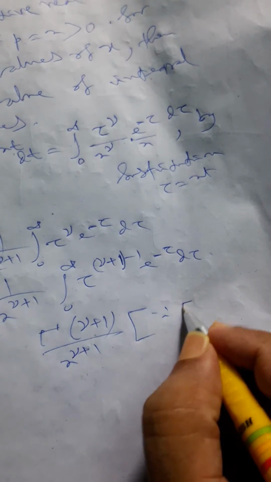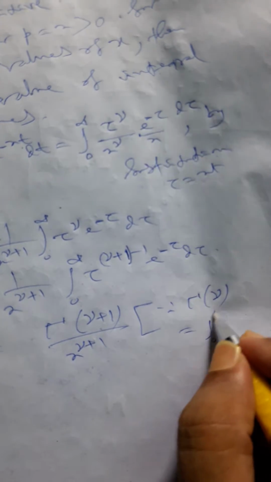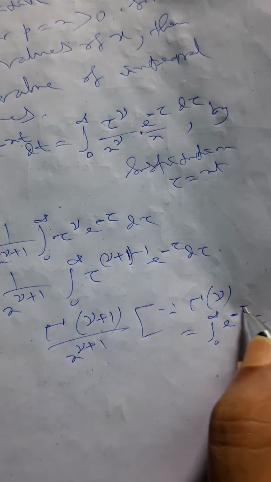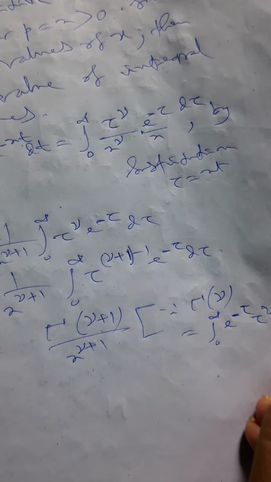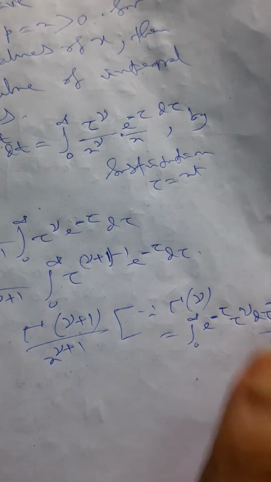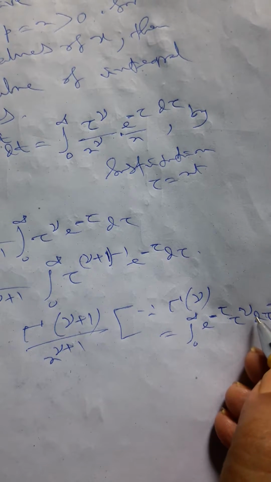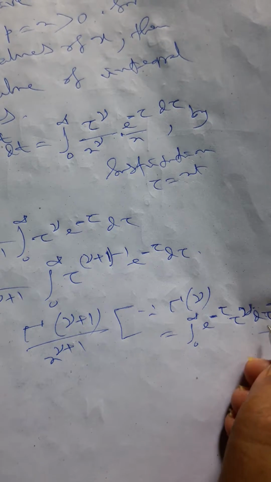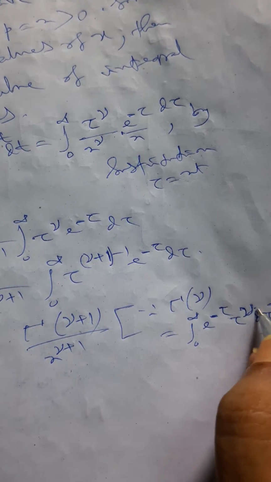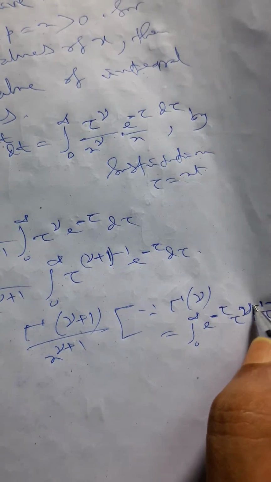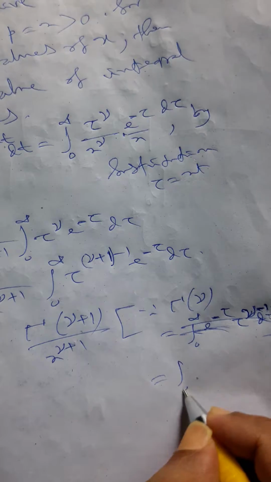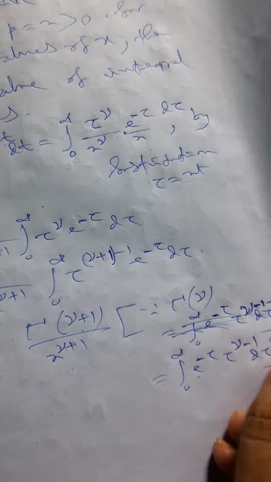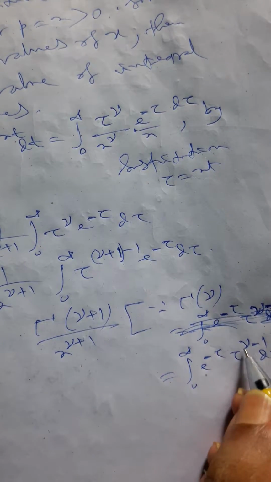By definition, the gamma function is the integral from 0 to infinity of e to the power minus tau into tau to the power (n minus 1) d tau. This is the main result, and substituting n as gamma plus 1 gives this.